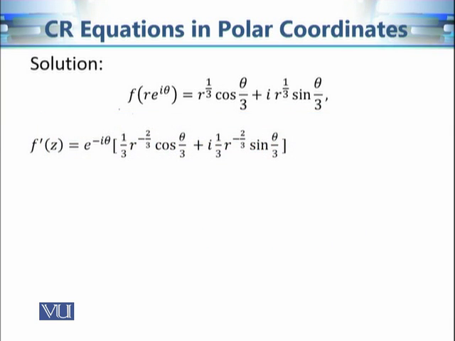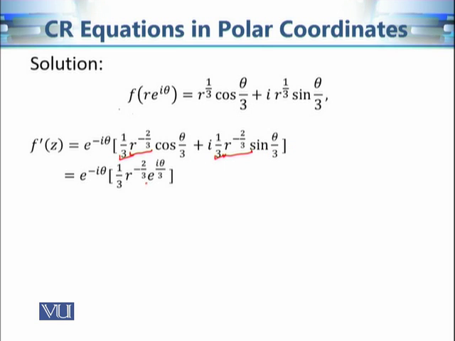Now if we want to convert the value of the derivative in terms of Cartesian coordinates, then we start with this expression, which is the derivative. If we simplify this, r raised to power minus 2 by 3 and 1 by 3 are common, and what we are left with is cosine theta by 3 plus iota sine theta by 3.